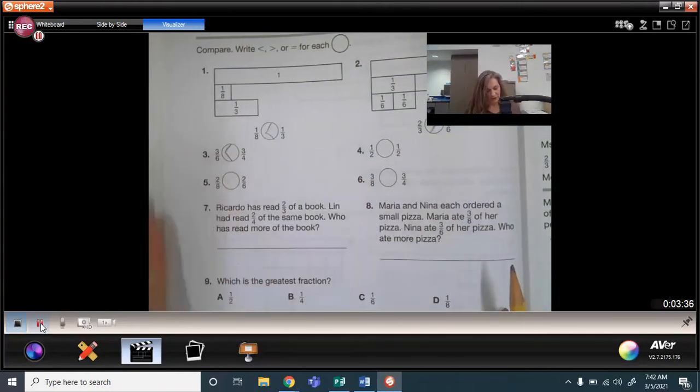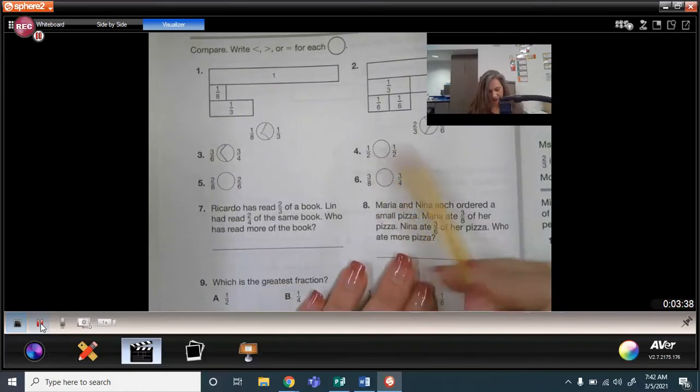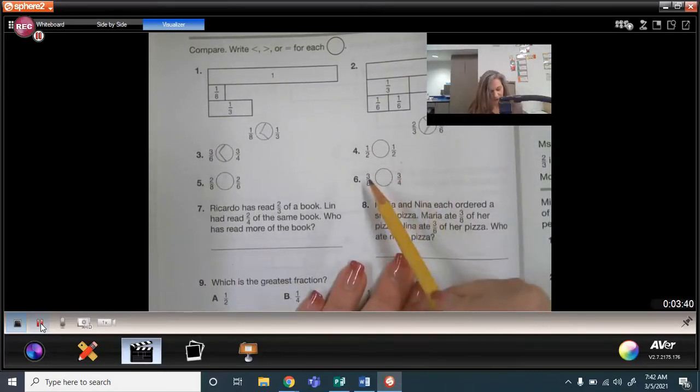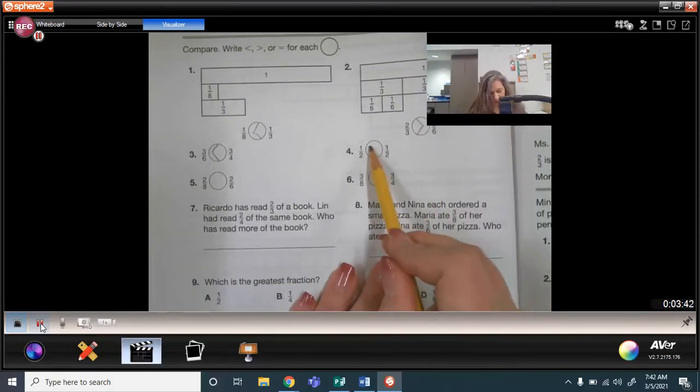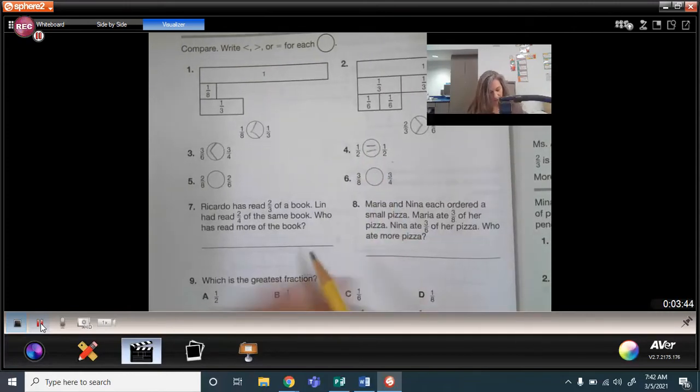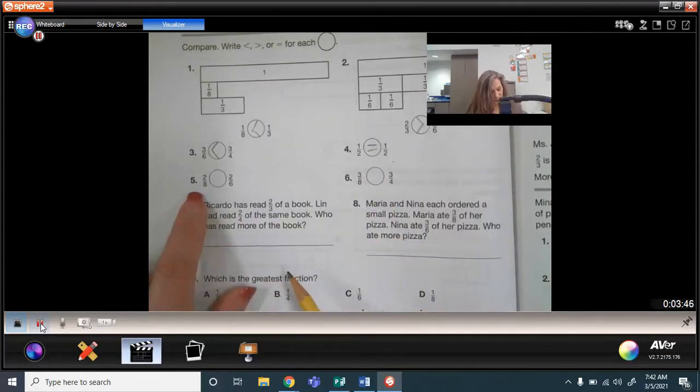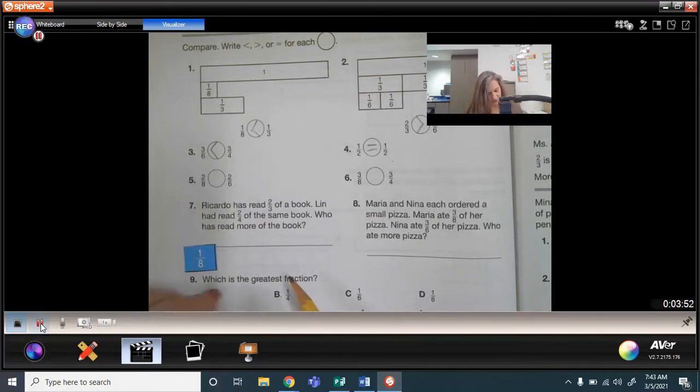Number 4 is fairly easy because you have a half and a half. Of course, if you're comparing half to a half, they are going to be equal to each other. Number 5, you have 2 of the 8ths compared to 2 of the 6ths. Just by looking at this, you can see that 1 of the 8ths is less than 1 of the 6ths.